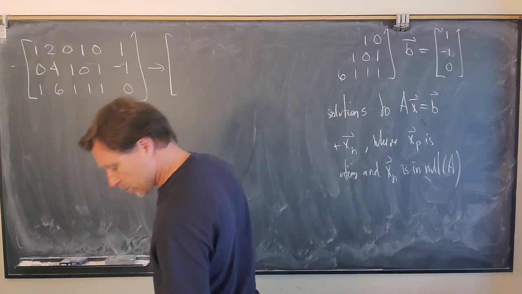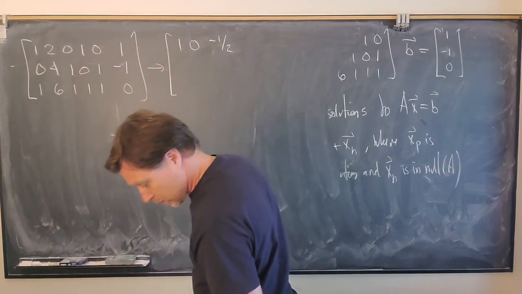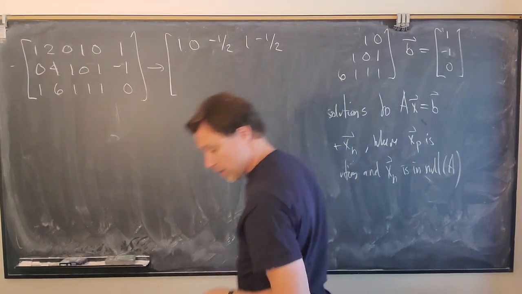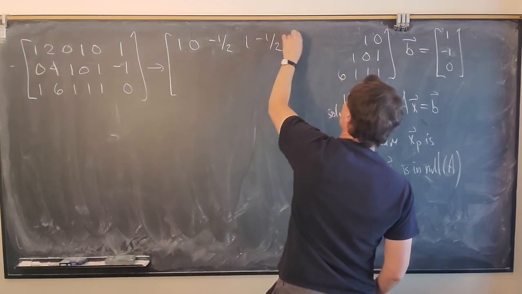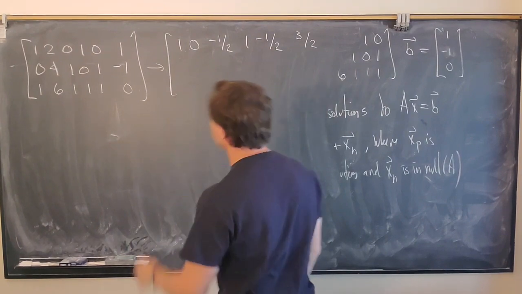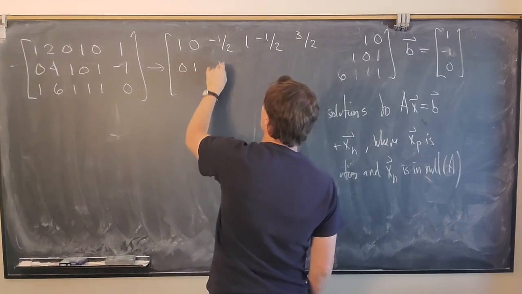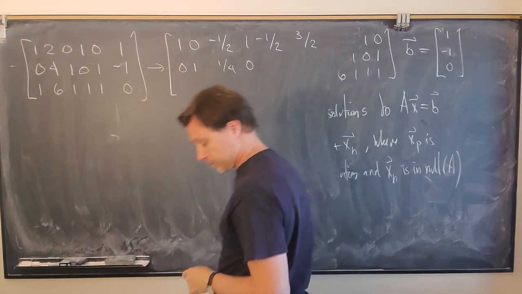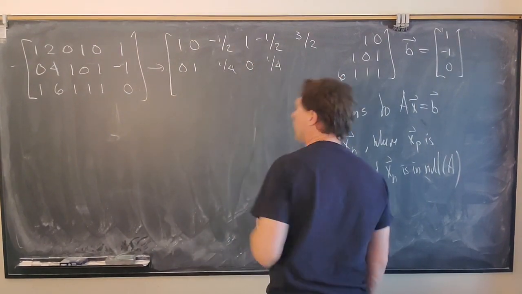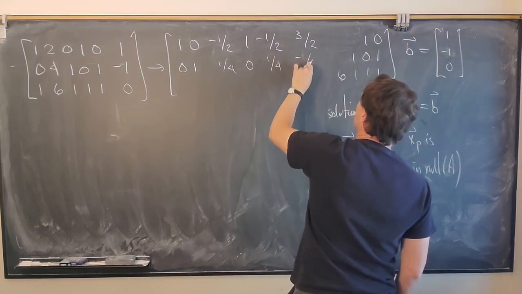1, 0, negative 1 half, 1, negative 1 half, and 3 halves. 0, 1, 1/4, 0, 1/4, and negative 1/4.